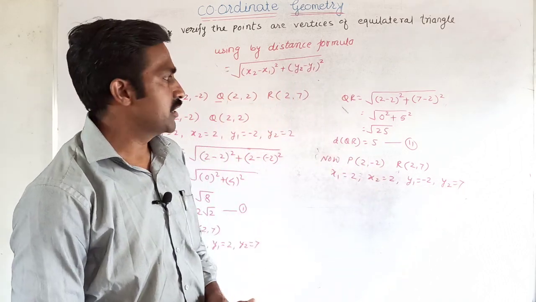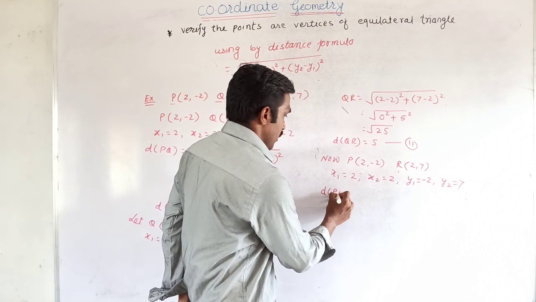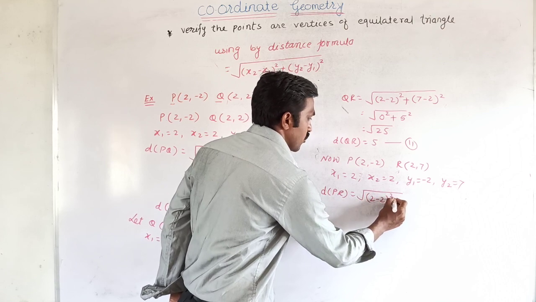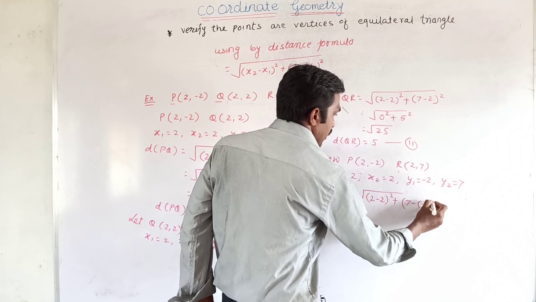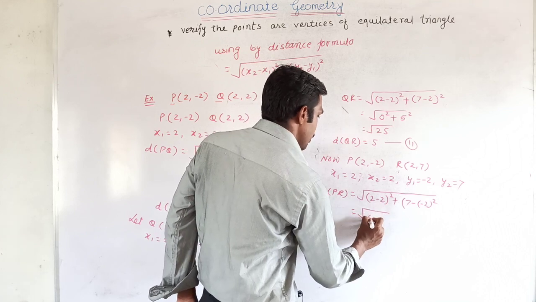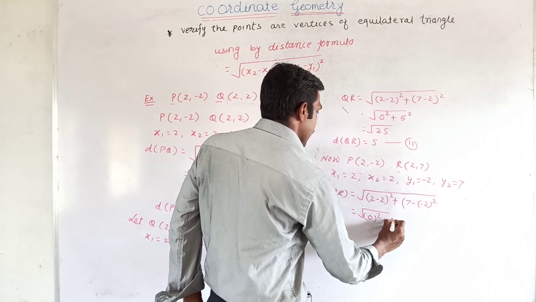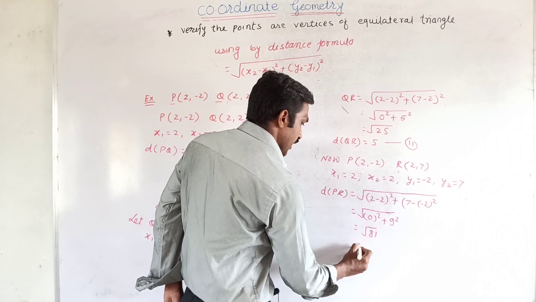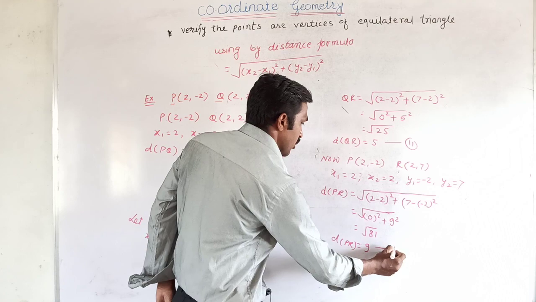Now find the distance between PR by using this formula: square root of (2 minus 2) whole square plus (7 minus (-2)) whole square is equal to square root of 0 square plus 9 square, that is 81. You can write in this way, 9. Distance of PR is equal to 9.